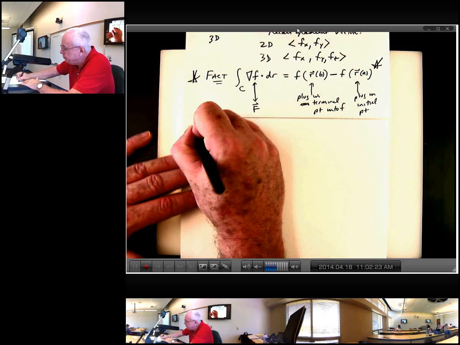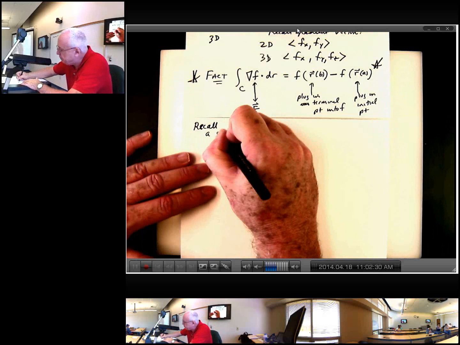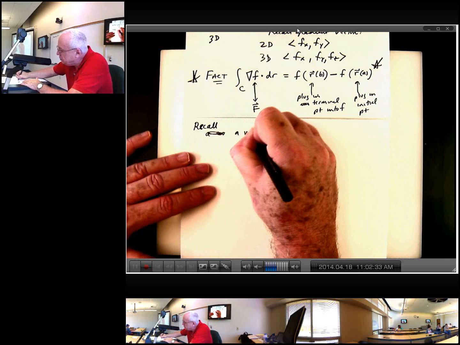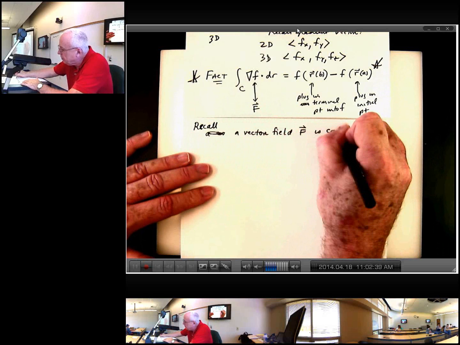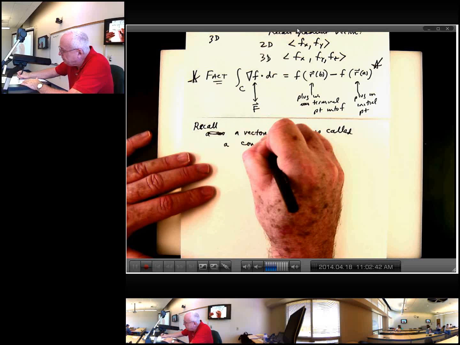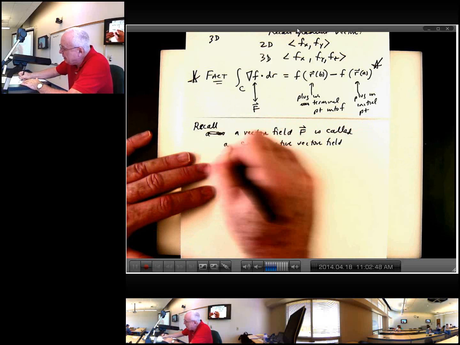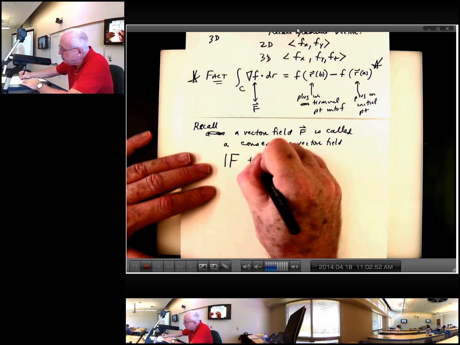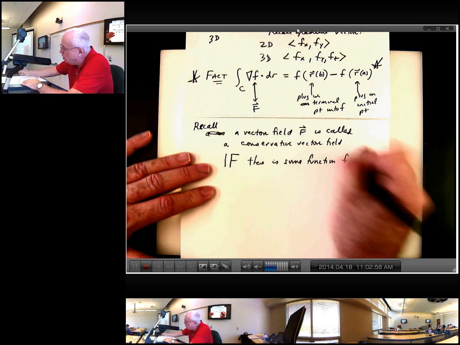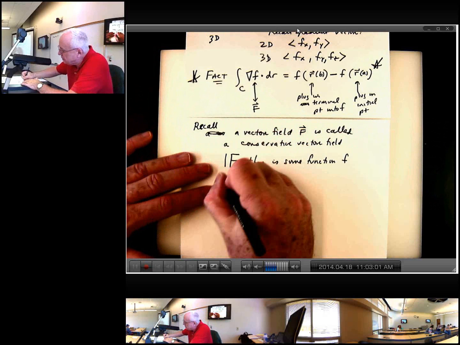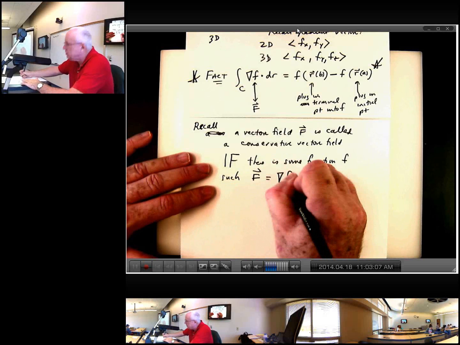Recall a vector field, capital F, is called a conservative vector field if there is some function, we'll call it small f, such that our vector field F is equal to the gradient of that function.